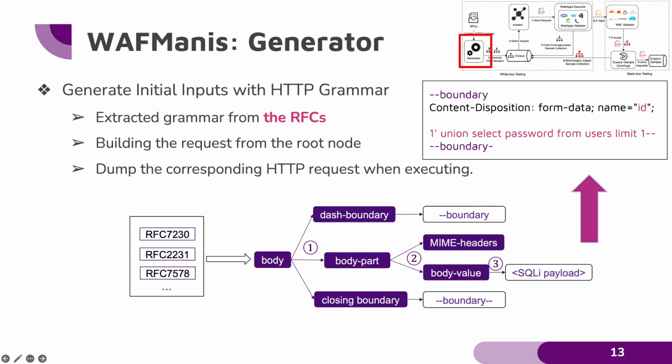These symbols will further derive until they reach the terminal nodes, which are raw strings. Then we get a fully expanded AST as our test input. When sending to the server under test, we dump this AST into raw messages like the one in the upper right corner.